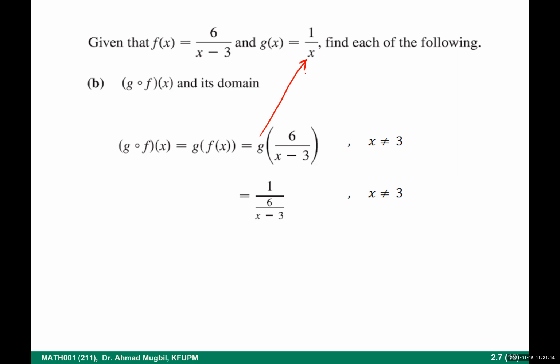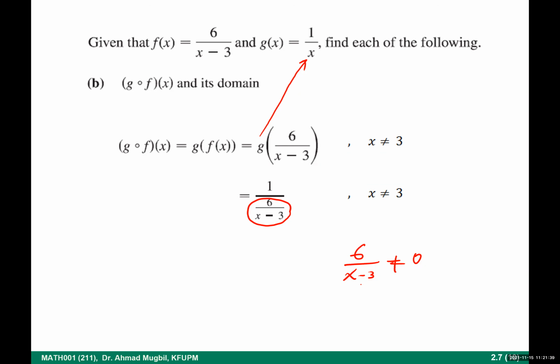Do we need another condition, or is the old one enough? What is the condition that we need? We need this to not be 0. I know what you are thinking. You will say this is not 0, and it is not 0 indeed. How can it be 0? Give me an x that makes this 0. 3, will it make it 0? No. I'm talking about the whole denominator here.